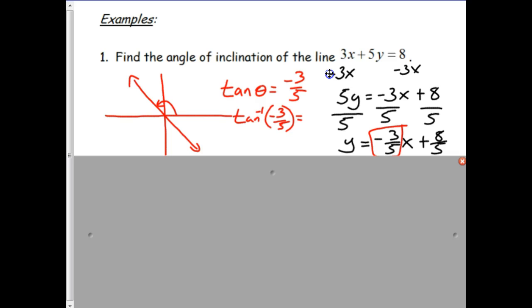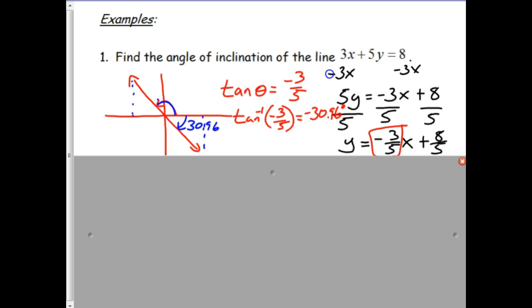And that's going to give you a negative 30.96 degrees. Remember, negative 30.96 degrees is right here. So 30.96 is your reference angle. Well, if you remember our last unit, these reference angles actually have the same value. So how can we find the actual angle here?